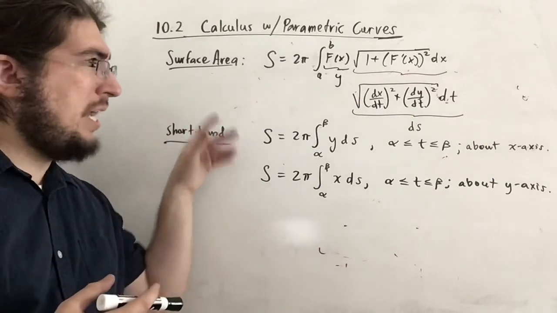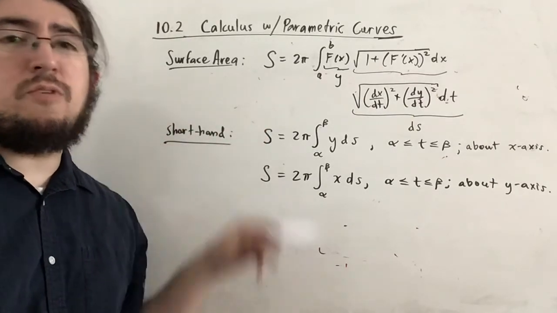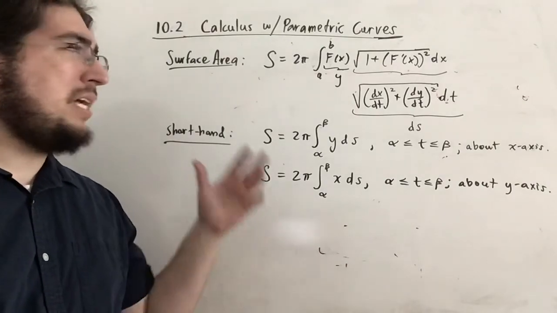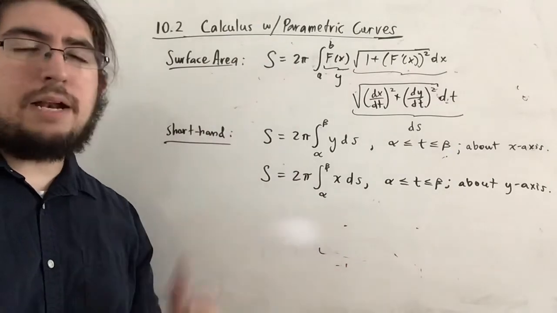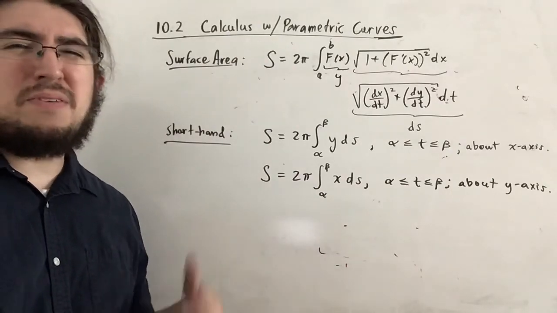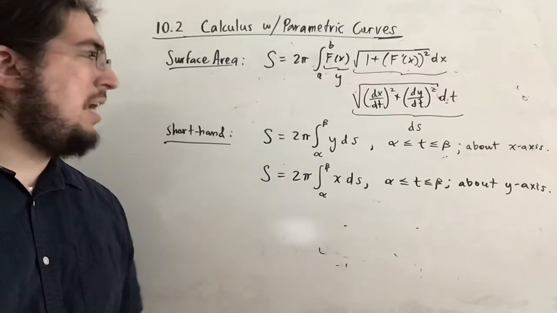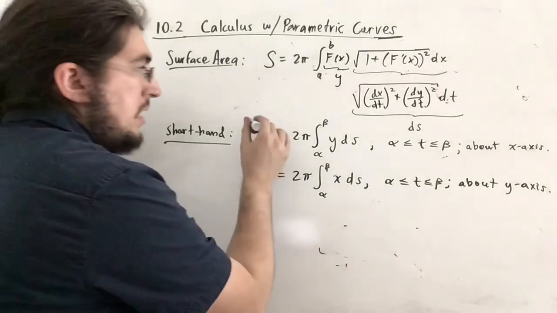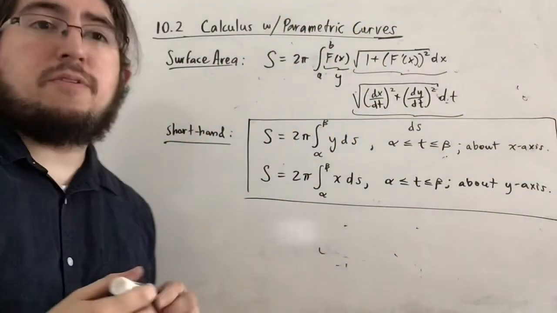But here, if you just use a shorthand formula, then you can stick with these two versions instead. Of course, sometimes you're in a weird situation where you have to use one of the four that we laid out in 8.3. But again, because it's kind of the same, I don't want to do any examples on this. I just wanted to show off these really nice formulations of the surface area, but for parametric curves.